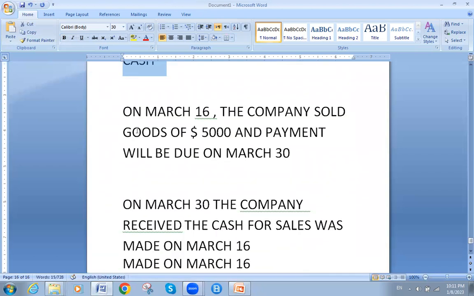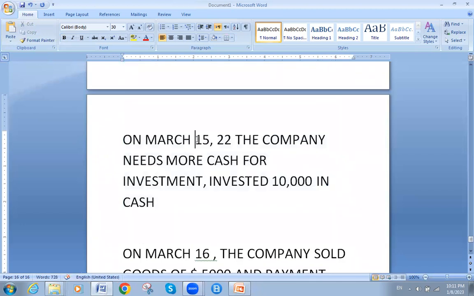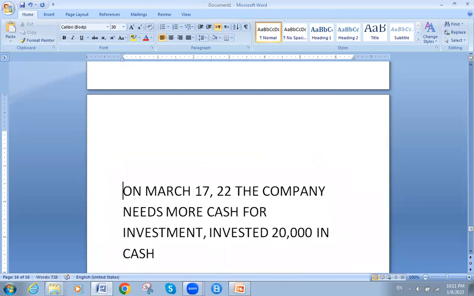We'll see what you will do in this. And the second, on March 17: the company needs more cash for investment, invested 20,000 in cash. This is an exercise for you guys.